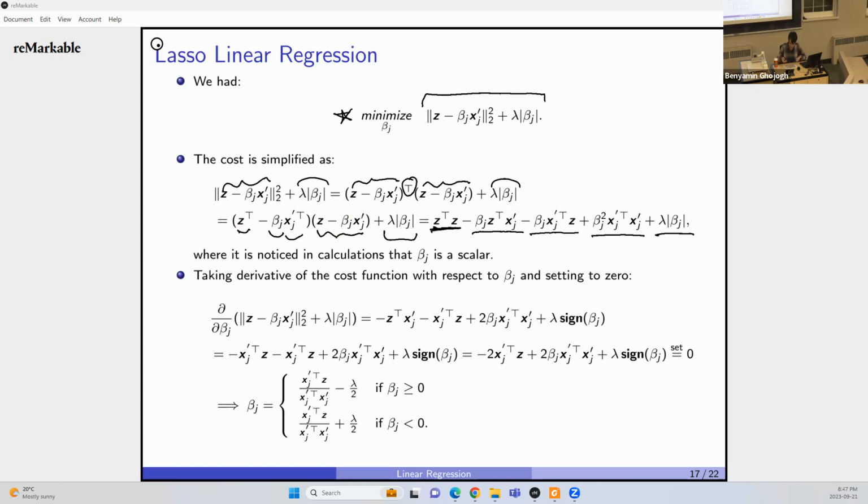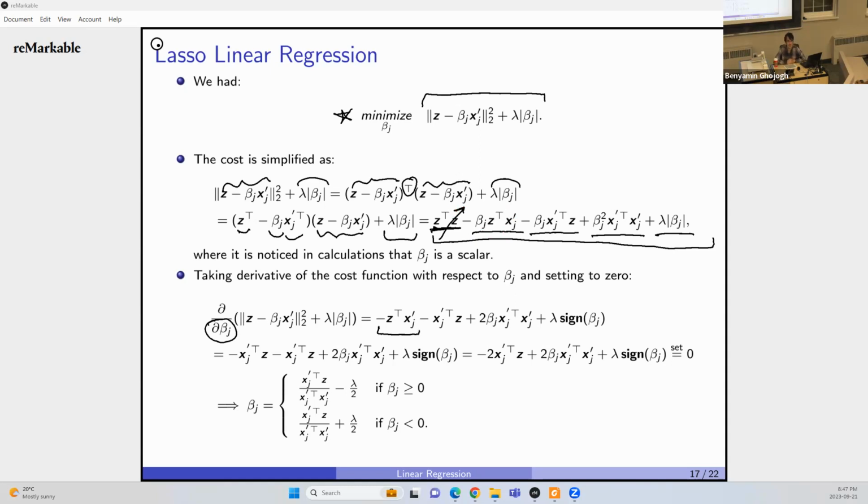Now, we simplified the cost function. Let's take derivative with respect to beta j for the sake of coordinate descent, right? Because I'm in coordinate descent, I only consider the jth element, one by one. So with respect to beta j, let's take derivative of this. The first term is constant with respect to beta j, goes away. The second term is linear with respect to beta j. It's this.